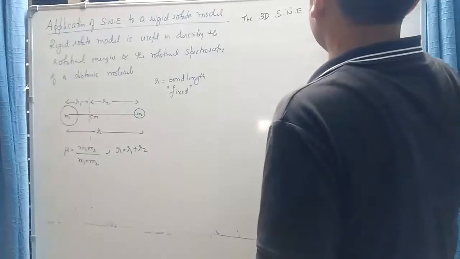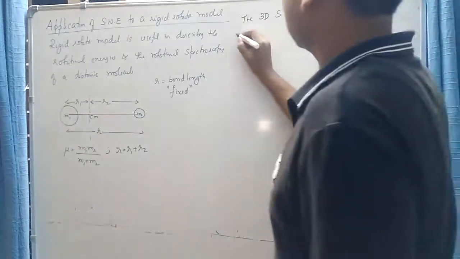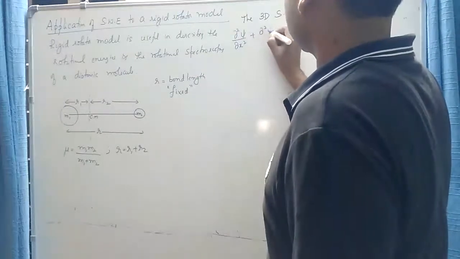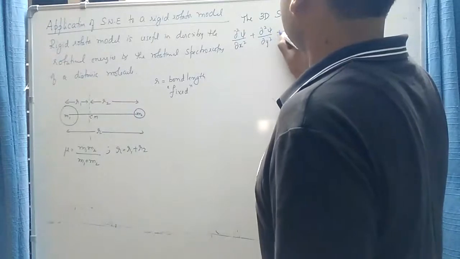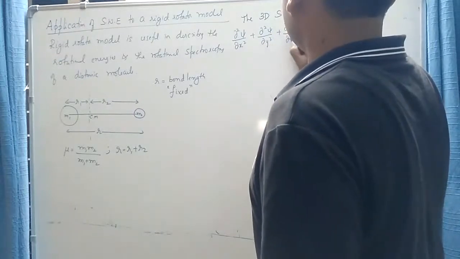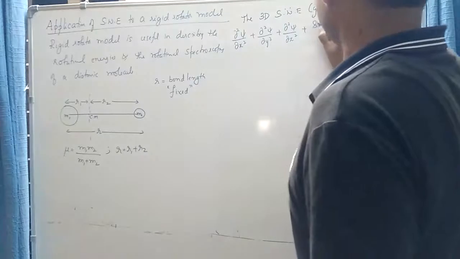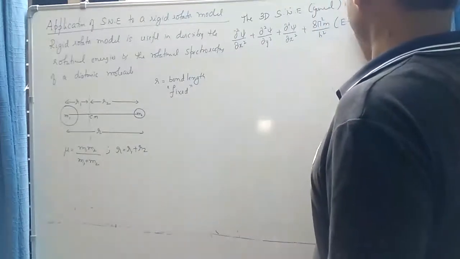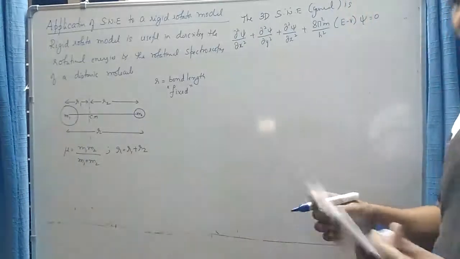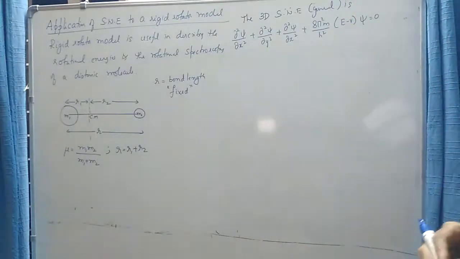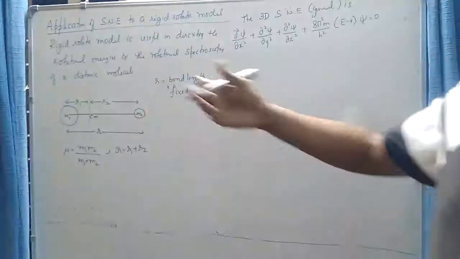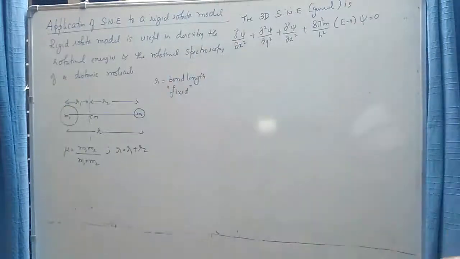The general equation is dou square psi by dou x square plus dou square psi by dou y square plus dou square psi by dou z square plus 8 pi square m by h square into E minus V into psi is equal to 0. This is the general Schrodinger wave equation, and we are using the 3-dimensional one because we are considering all possible rotation of the molecule along any axis in 3 dimensions.